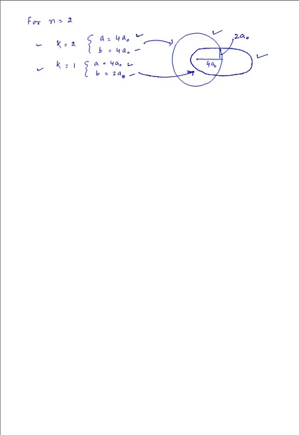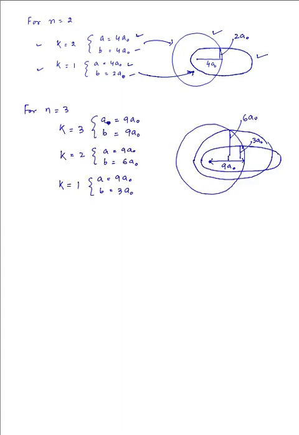Likewise for different values of n. For n is equal to 3, we have k taking the values 1, 2 and 3, and for that we have the values of a and b. For k is equal to 3, a and b are 9a0 and 9a0 respectively, giving a circular orbit. Then for k is equal to 2, we have a equal to 9a0 and b equal to 6a0, which is giving us an elliptical orbit.